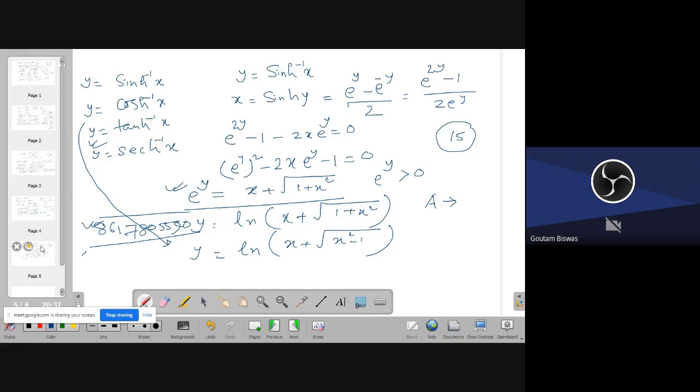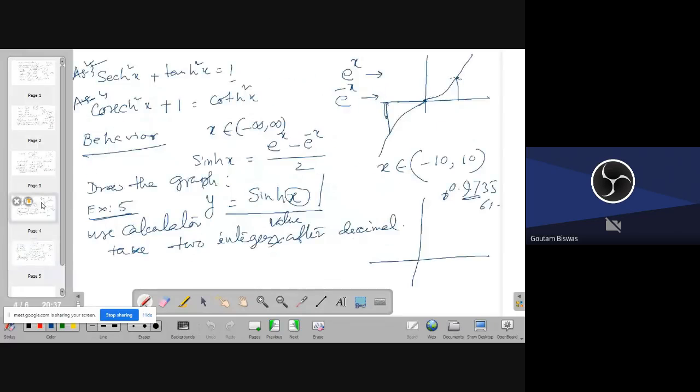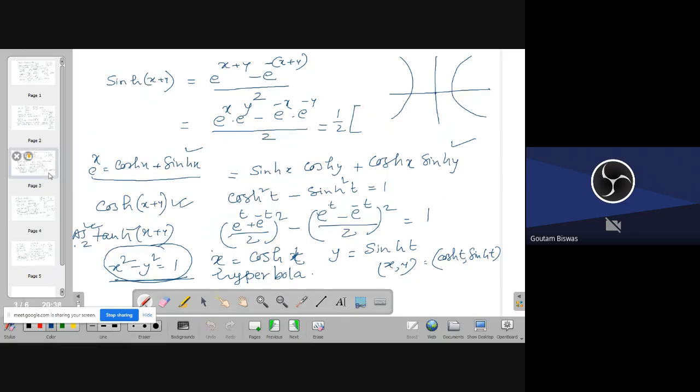Fourth one is, let me see, third page, fourth page. Where is the fourth page? This is example 5. Check it. Then this is assignment 2.